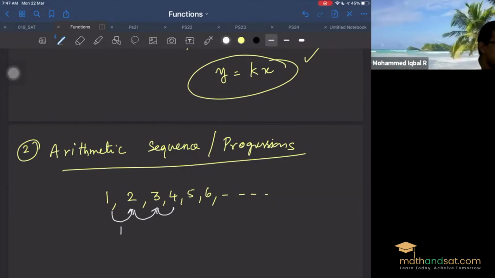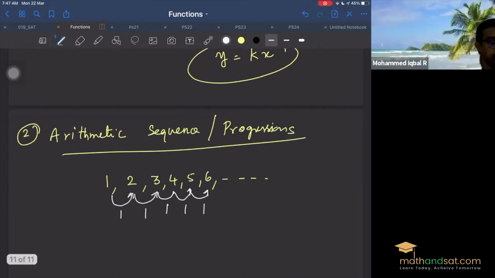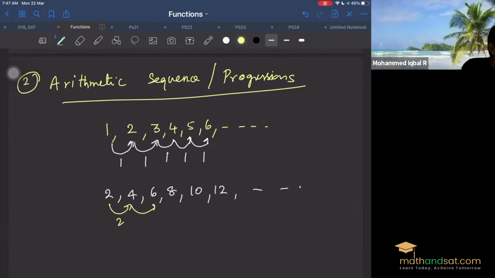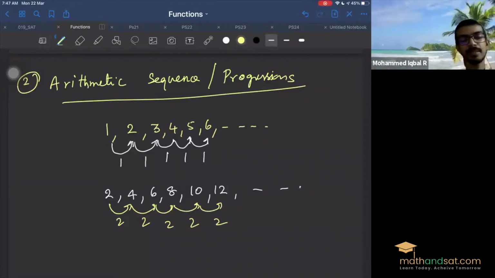Here the difference is 1 each time. Another example is 2, 4, 6, 8, 10, 12, and so on. Here the difference is 2 each time. This is an arithmetic sequence.